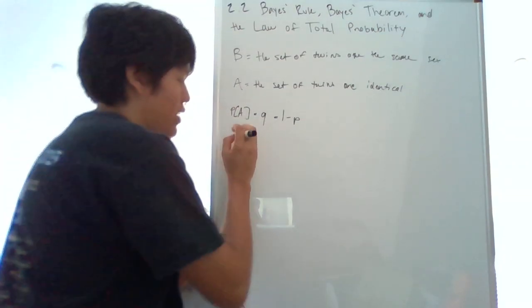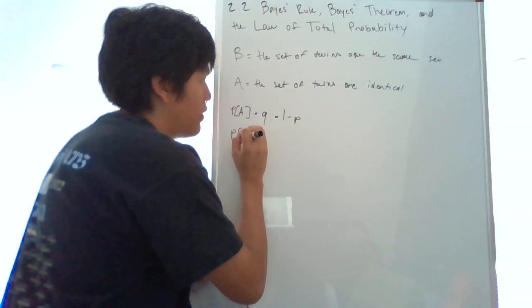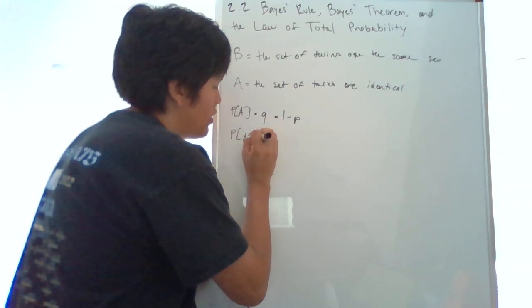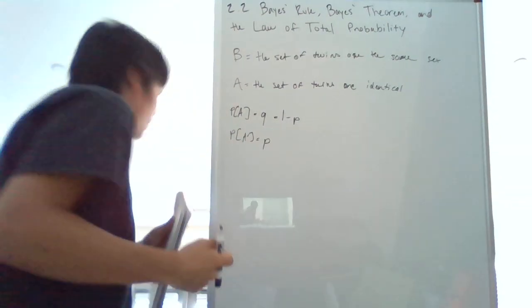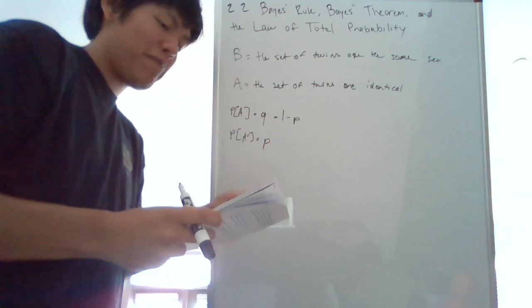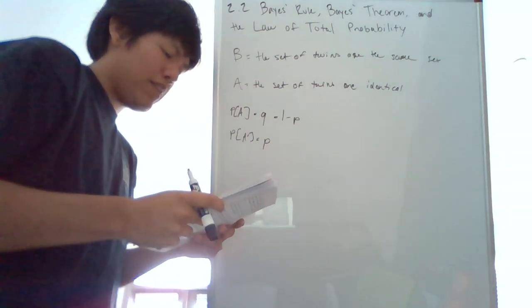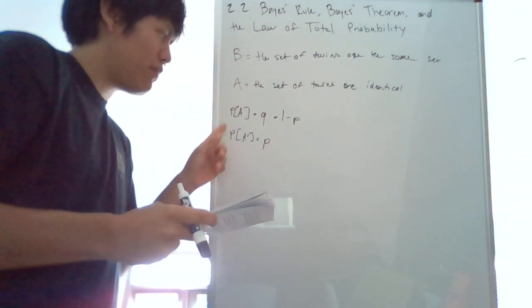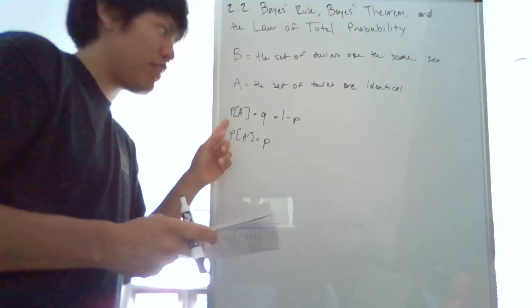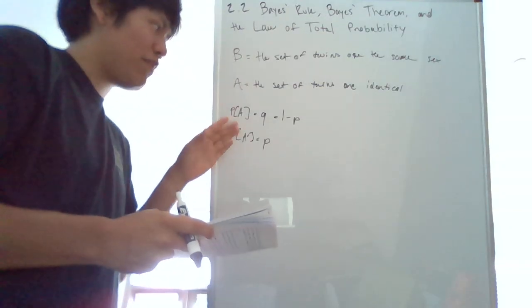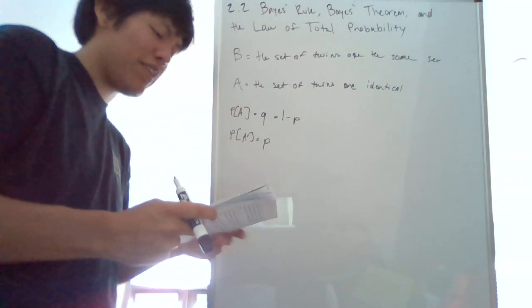So the probability of fraternal twins is P. And again, that was given to us in the question. All right, so we've gotten two bits of information out of this question already.